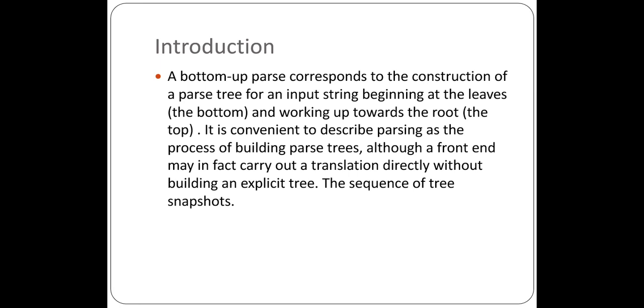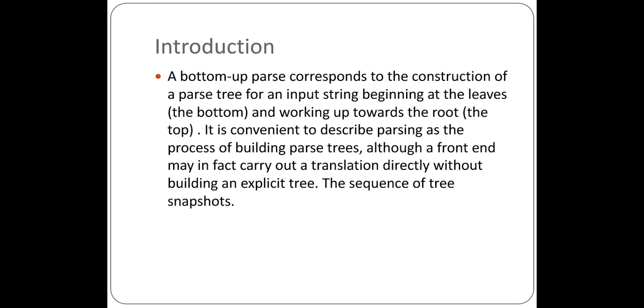Here we are going to construct a parse tree, which we also call a syntax tree or syntactic tree. This tree will be constructed in a manner where we start from the input string and move towards the start symbol. That's the procedure we are going to follow here.